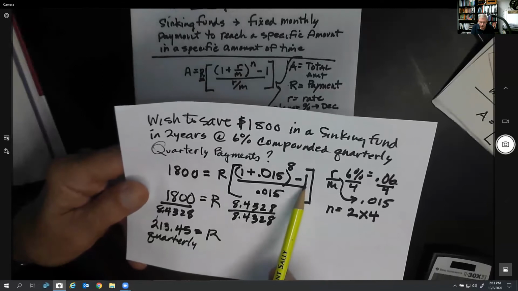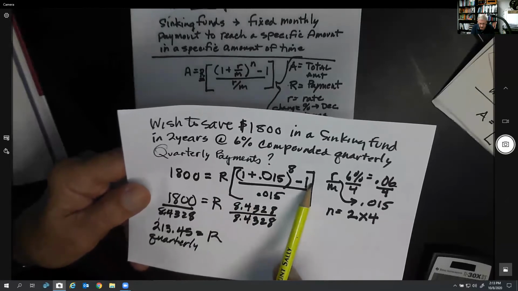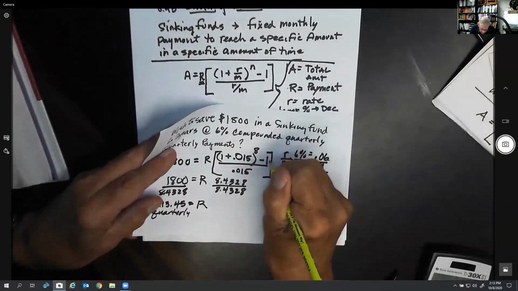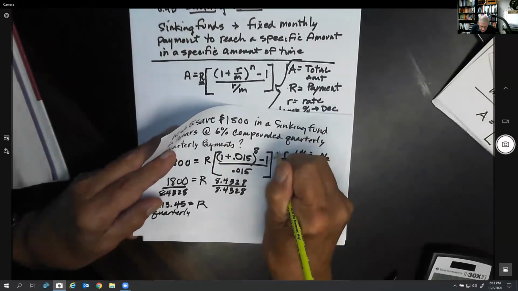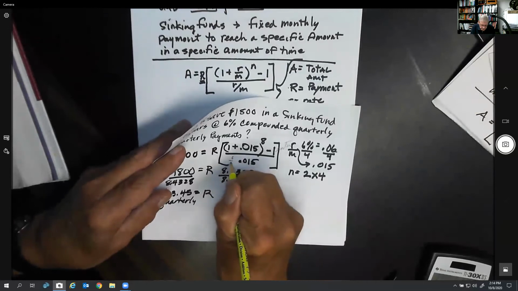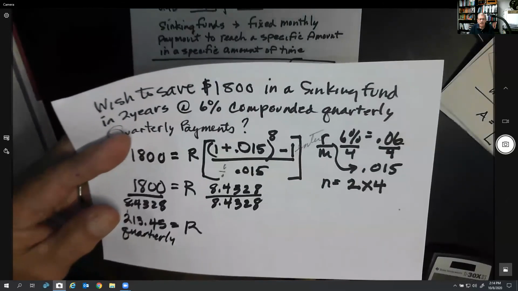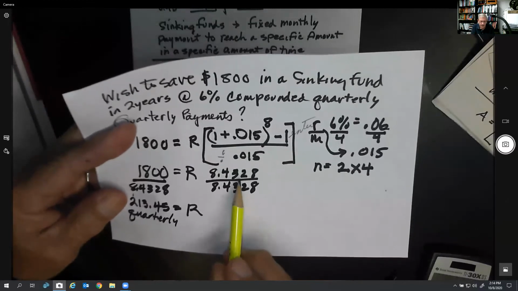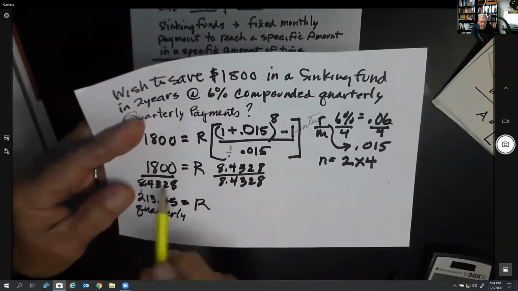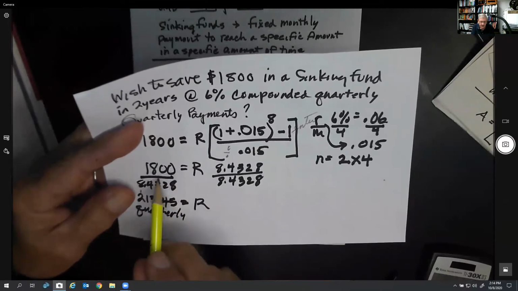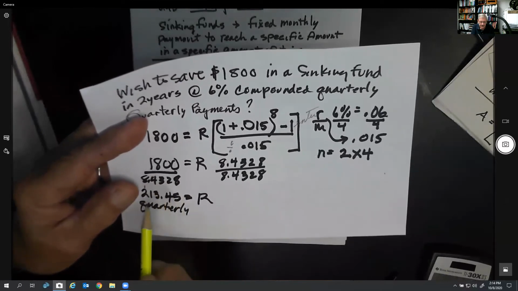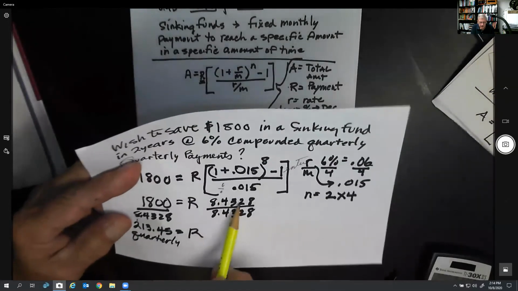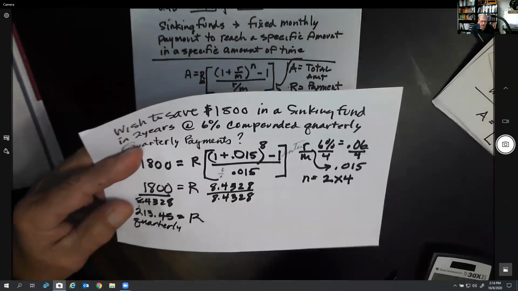And then minus 1. I just put it in my calculator that way. I hit enter right here when I finish this line. Then I hit divide, 0.015, and I came up with this value. So I divided both sides by this value, 1,800 divided by that, and that gave me my R, and that's what I'm trying to do. If both these numbers are on the same side, you divide it off.